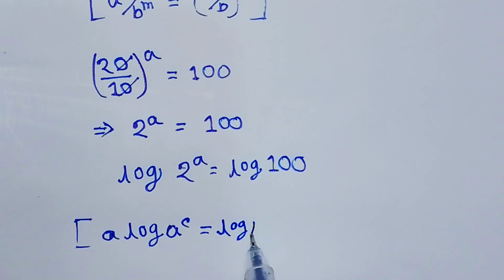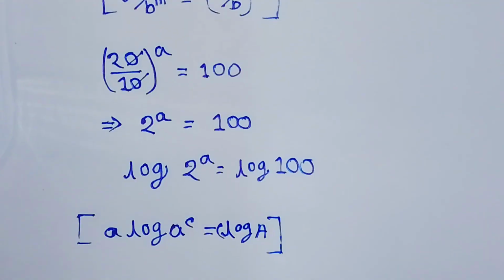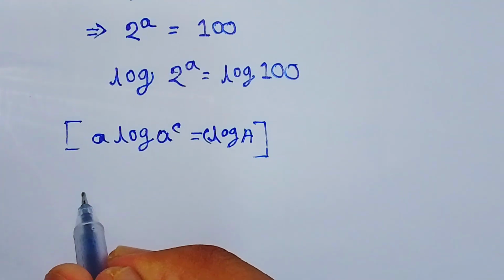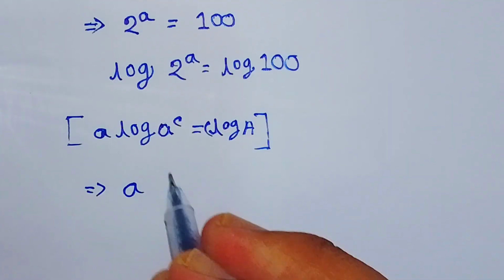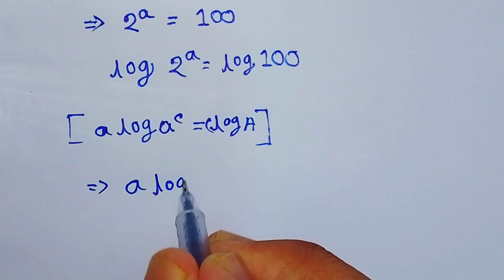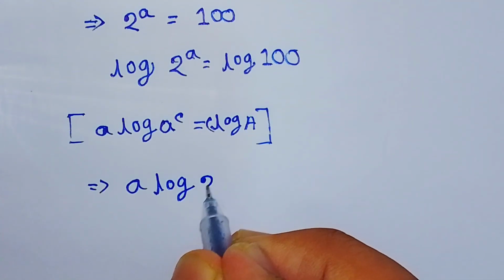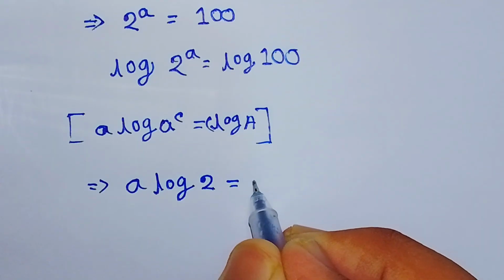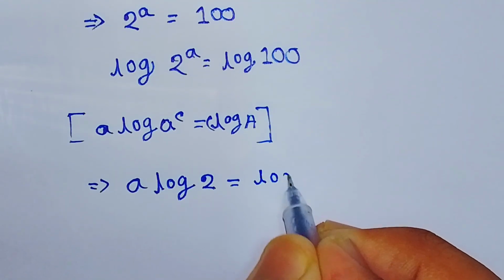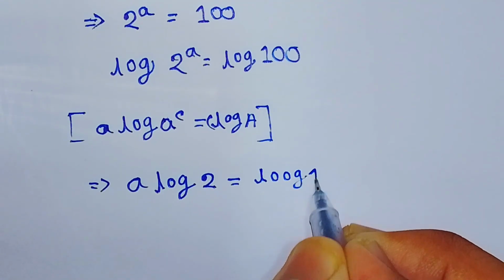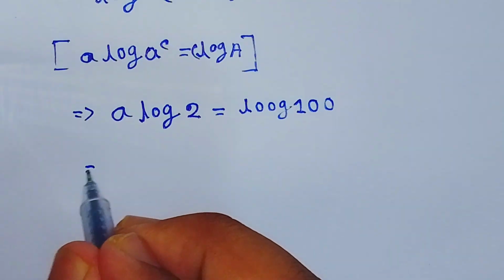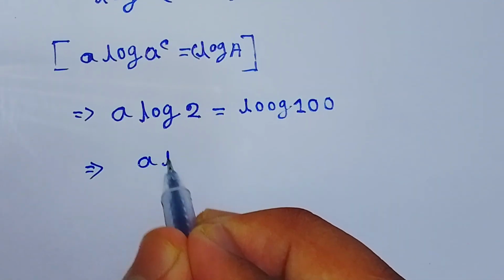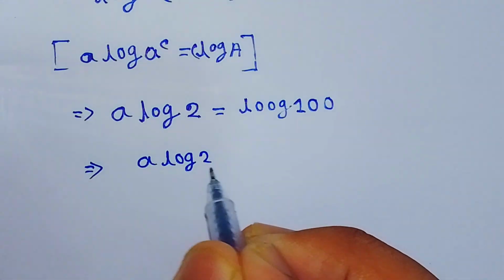So after using this we'll get a log 2 equals log 100.